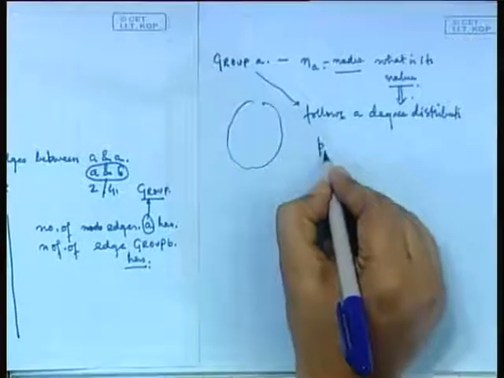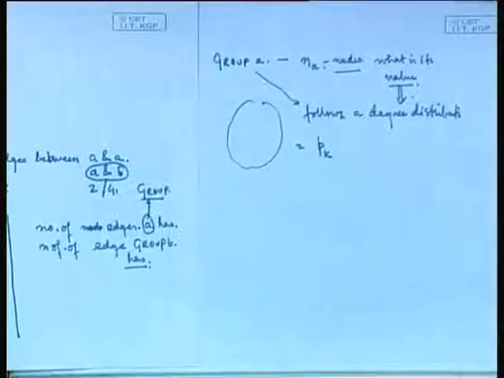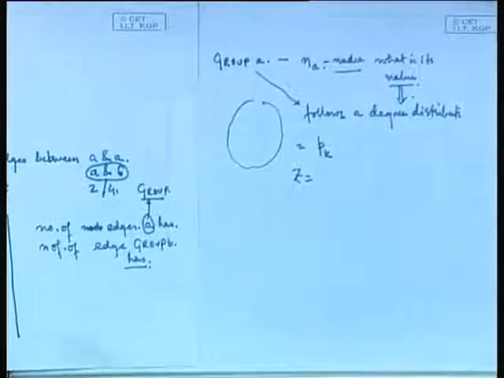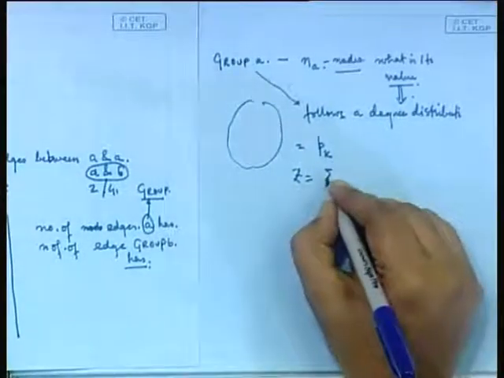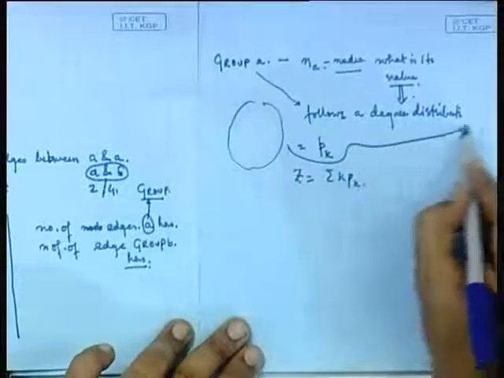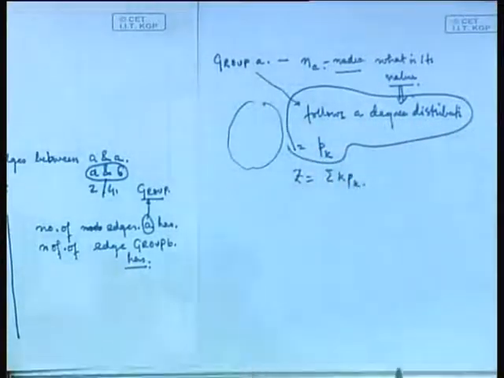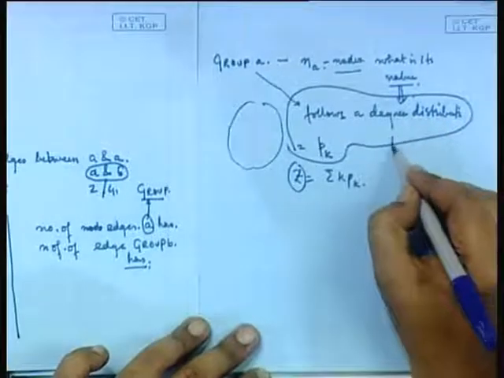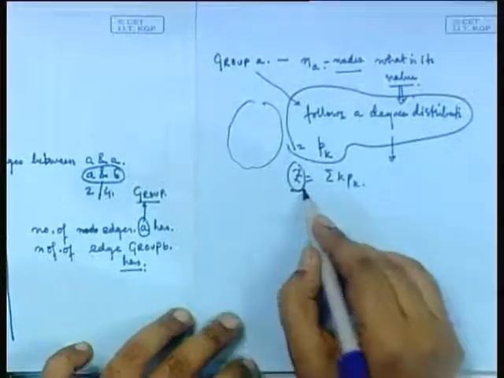So, the degree distribution which we can characterize as p k. So, the average number of edges our degree distribution will have is z, which is equal to sigma k p k. Okay. So, let us assume that we know this degree distribution. Then we know z.